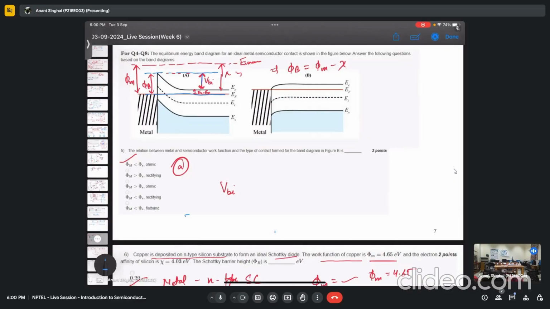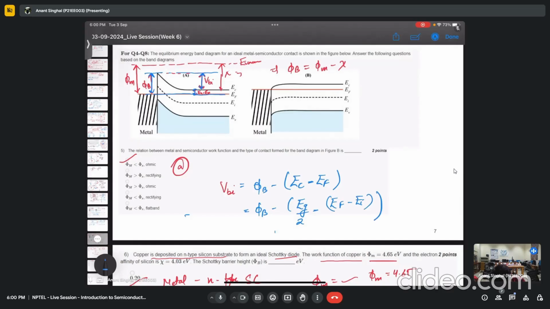So can I write VBI is nothing but phi B minus this difference, that is phi B minus (EC minus EF)? Is there any confusion? No, sir. Okay, and can I write EC minus EF as EG by 2 minus (EF minus EI)?